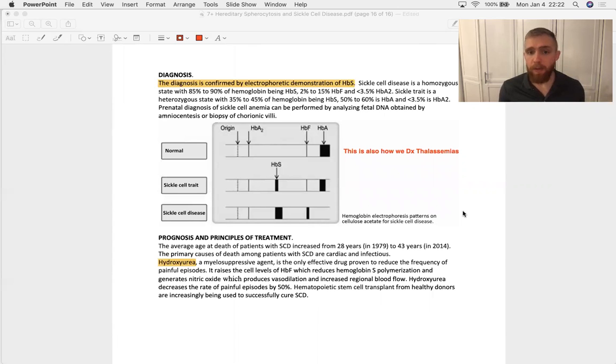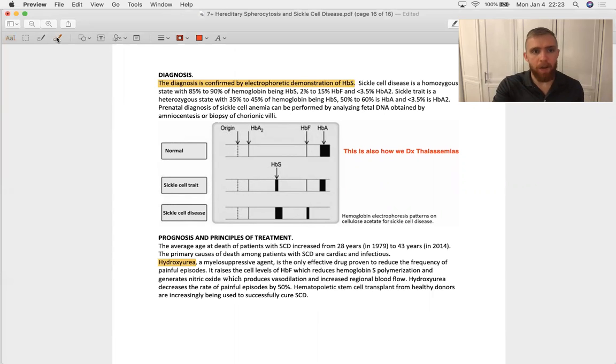You can certainly tell the difference between trait and disease based on how much hemoglobin A the patient is making. And again, don't forget, if you have hemoglobin CS disease or SC, however you want to spell it, you will also not have any hemoglobin A.